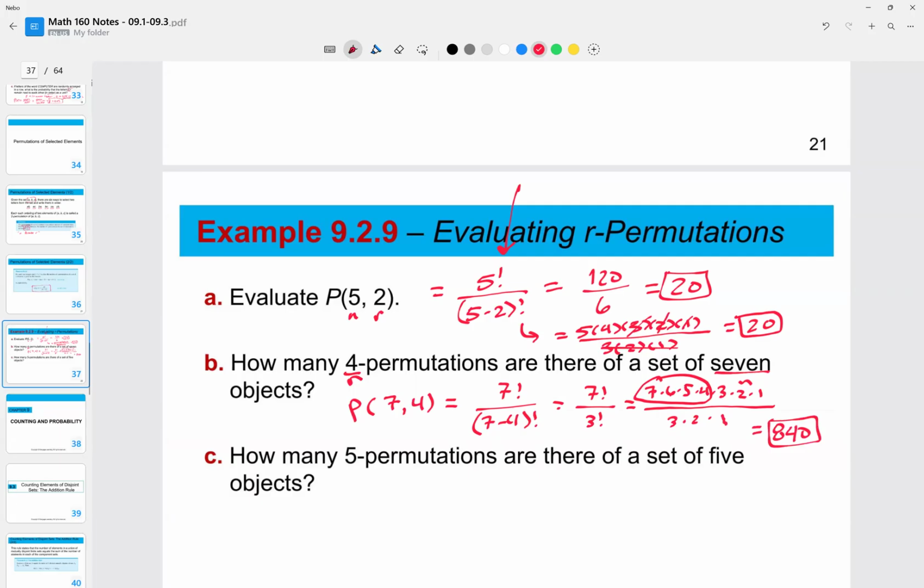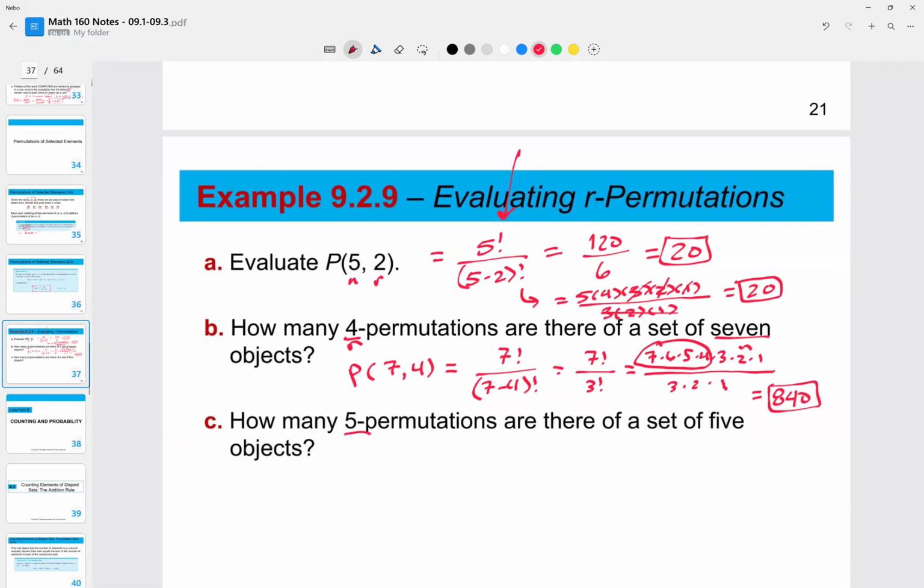All right. And last little bit here. This is asking how many 5 permutations there are of 5 objects. So R is 5 and N is 5. And that just means 5 permute 5. Well, that's just like the example we did with A, B, and C. We want actually all of these. So I know this is going to be 5 factorial. But let's see. According to the formula, this is 5 factorial over (5 minus 5) factorial, and we get 5 factorial over 0 factorial.